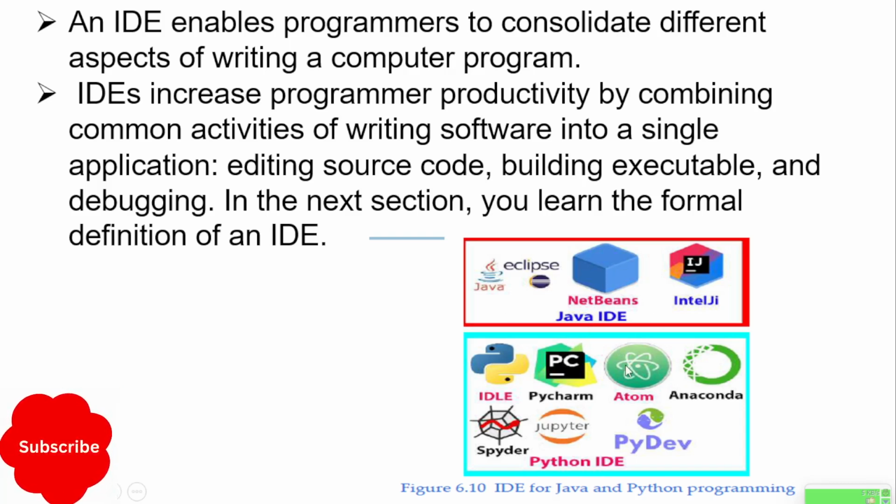These are the major, popular and famous types of integrated development environments that are used in today's fifth generation also. In case of Java IDEs, we have Eclipse, NetBeans, and IntelliJ, which help us to develop a variety of softwares.